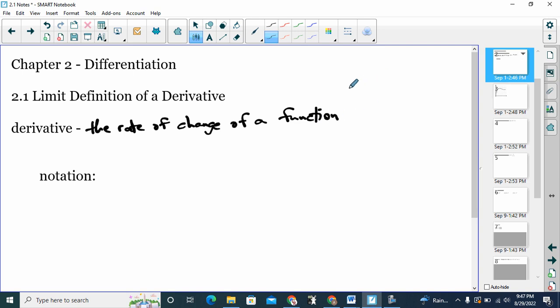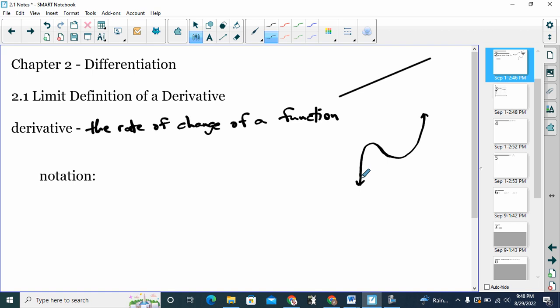So a line does have a rate of change because it is in a straight line, and that rate of change is constant. The rate of change is the same at every point on the line. We call it a slope. A curve also has a rate of change, but for a curve, the rate of change changes.